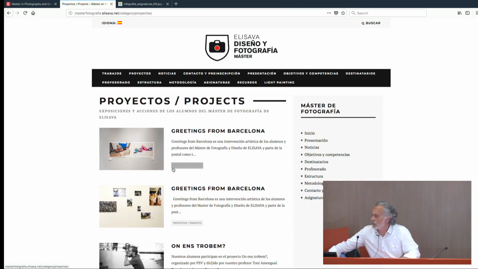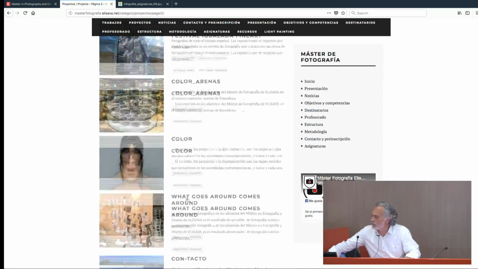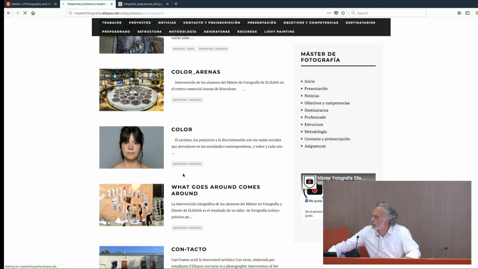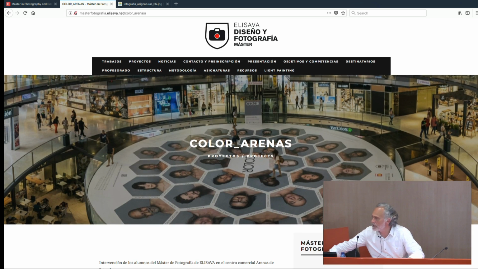Another collective project that we do every year is this collaboration with a shopping center here in Barcelona, Las Arenas, in Plaza España, and they have this kind of main place in the middle of the building.